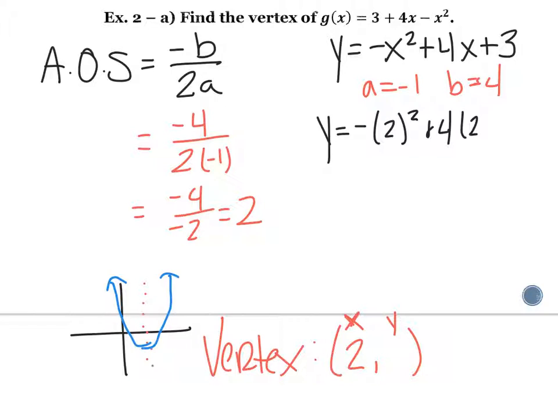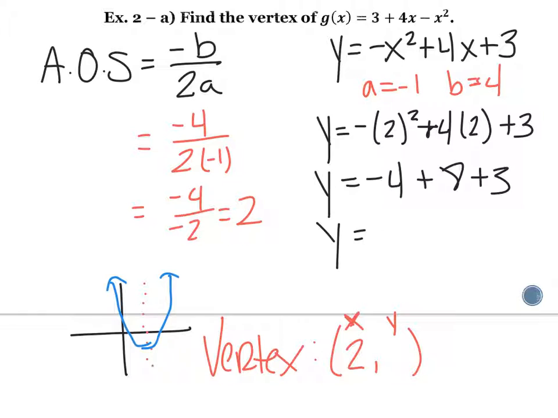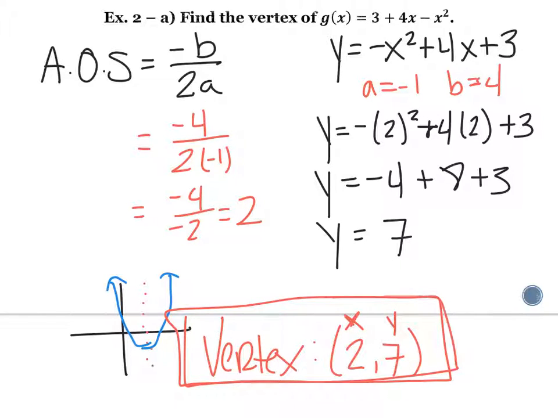So I'm just replacing all my x's with a 2. So this is negative 4, that's plus 8, that's plus 3. When you add those together, you end up with 7. So that means my vertex is 2, 7. P.S. That formula needs to be memorized. Okay? So that's part 1 of this problem.